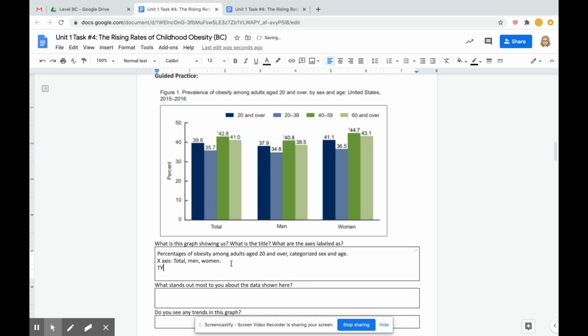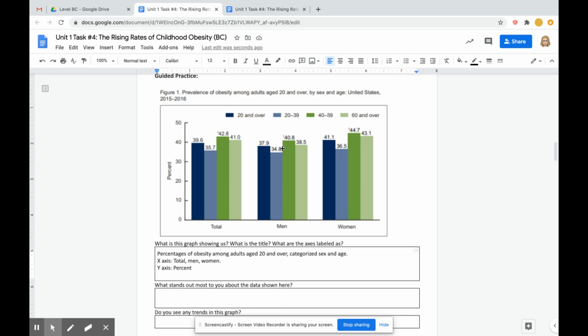Then if we think about our y-axis, that's going to be our vertical up and down line on the side. It's showing us percent. It's really important whenever you're interpreting a graph. It's not just percent. It's always showing us percent of something. And in this case, it's showing us the percent of this category that is obese.